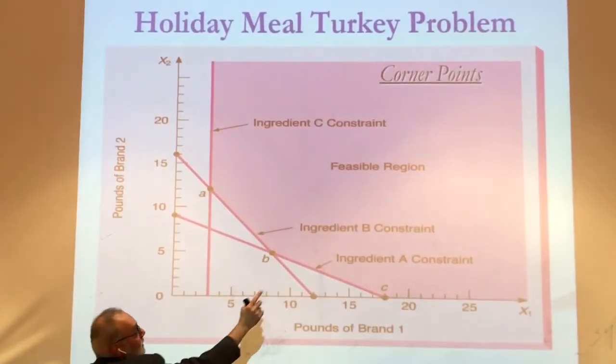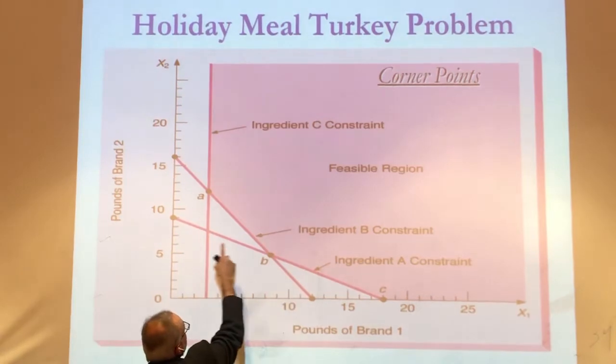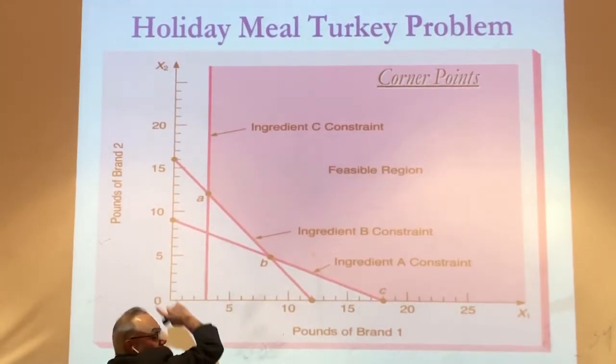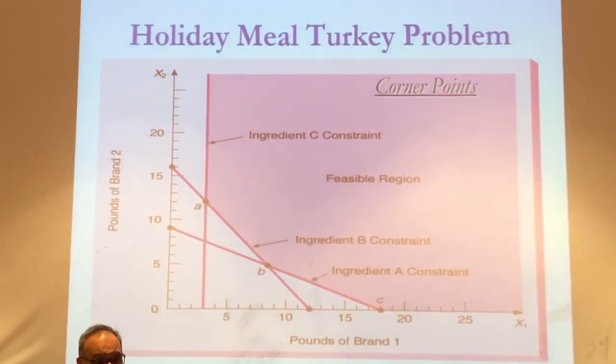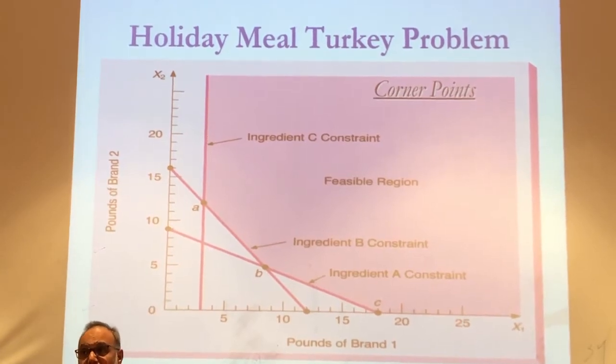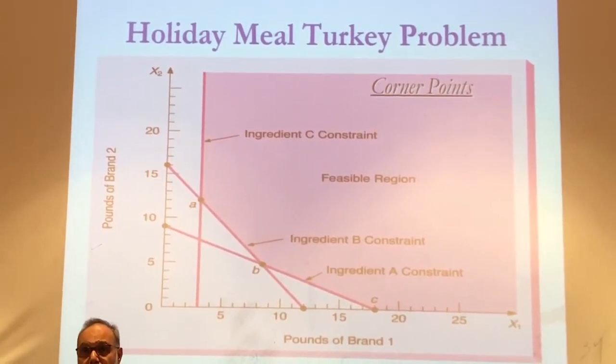When they solve this with this, they come out with this corner point. This is the normal mistake the students make.